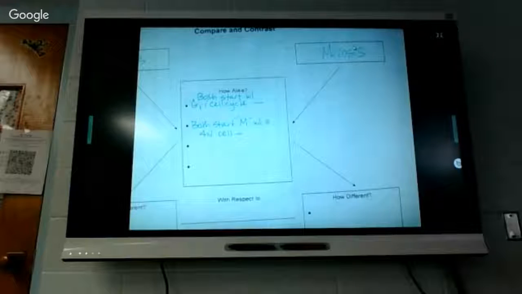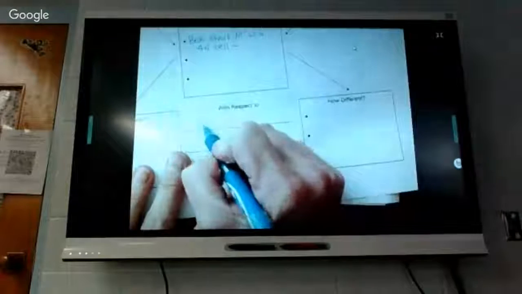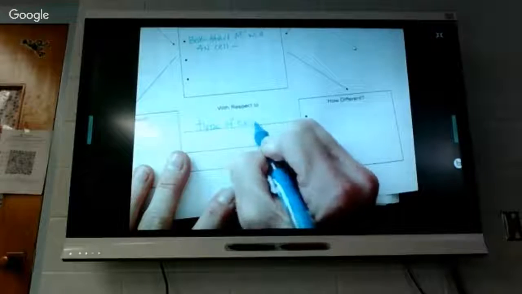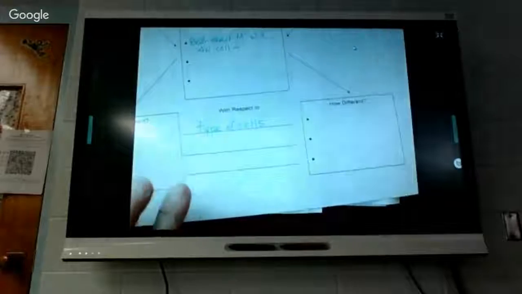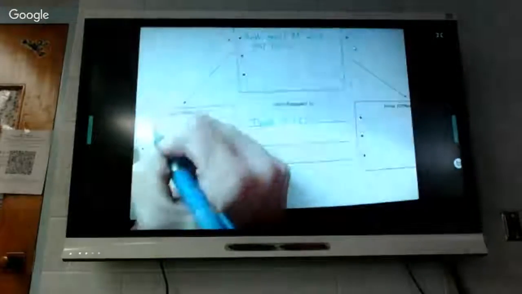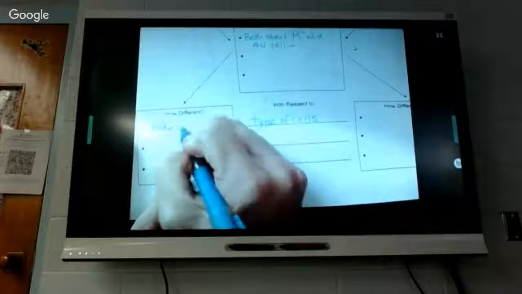All right, but I want to go back down to the differences. What kind of cells did mitosis make? Body cells. Okay, so we're going to come over here. Type of cells: body cells. All right, what's another word for body cells?